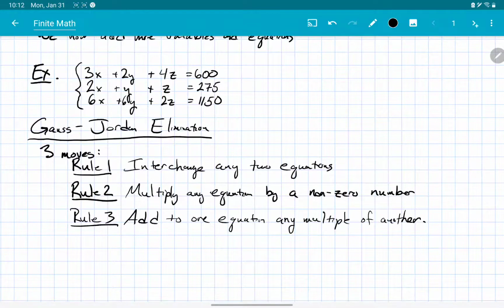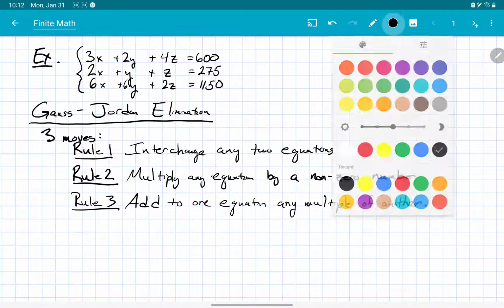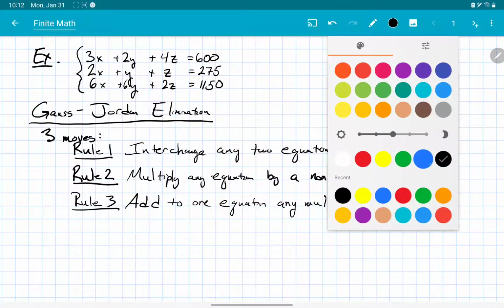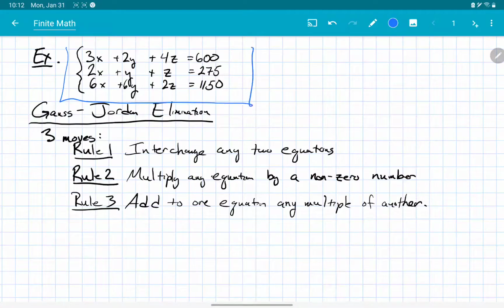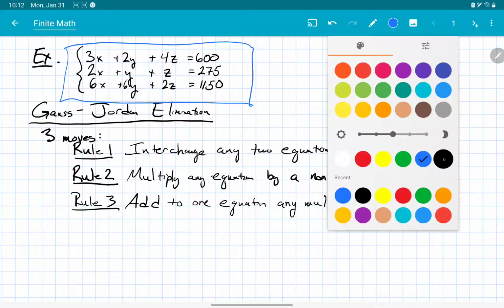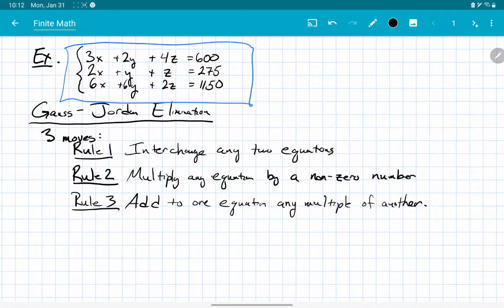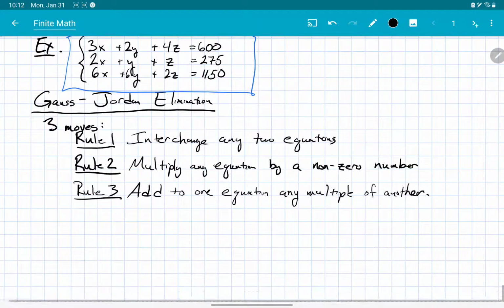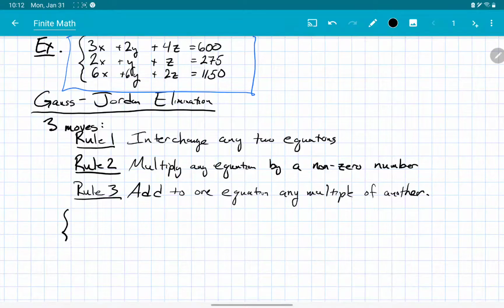Okay, so what's the point? What are we trying to do here? What we're trying to do is start with a system of equations like we have here. And what we're going to do is perform these moves until we can get the system to look like this. 1x plus 0y plus 0z is equal to x1. 0x plus 1y plus 0z is equal to y1.